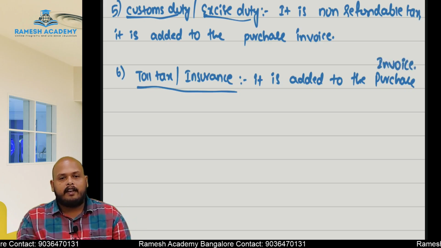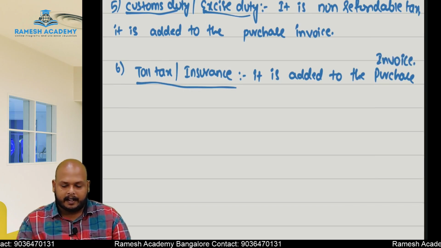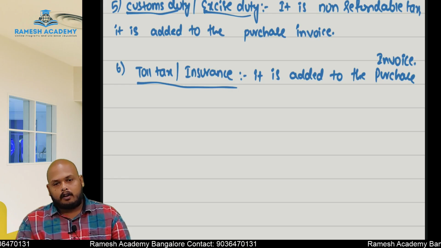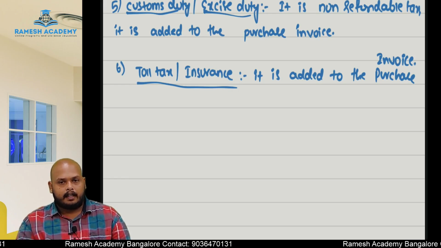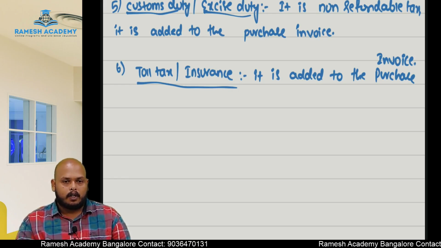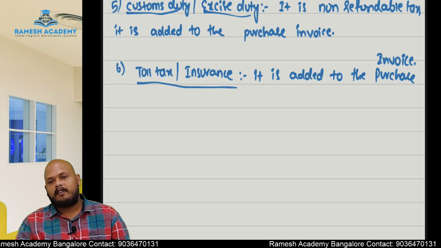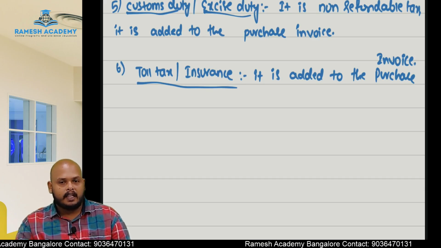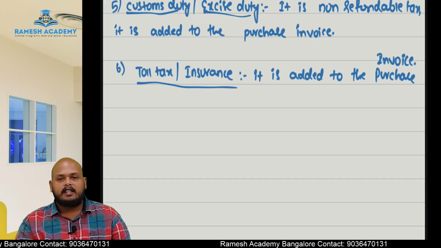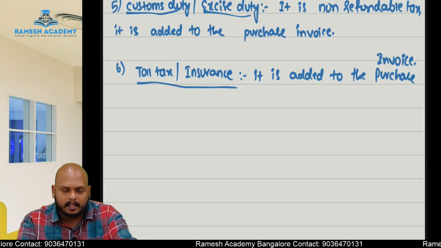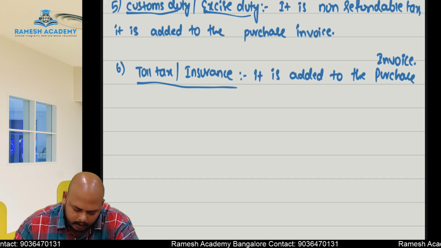Any toll tax, when we are importing a raw material from some foreign country, nana, we have to bring that raw material. Suppose it is imported in Chennai, from Chennai we are bringing it through road, compulsory toll gates we have to pay toll tax. And when we are importing the raw material from a foreign country, compulsory we have to pay the insurance also, nana. If that is the case, compulsory it is added to the purchase invoice, nana. Okay, na?